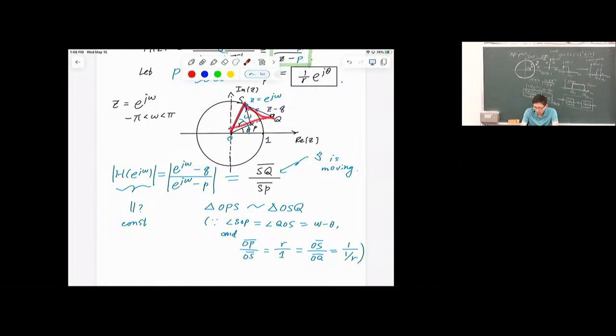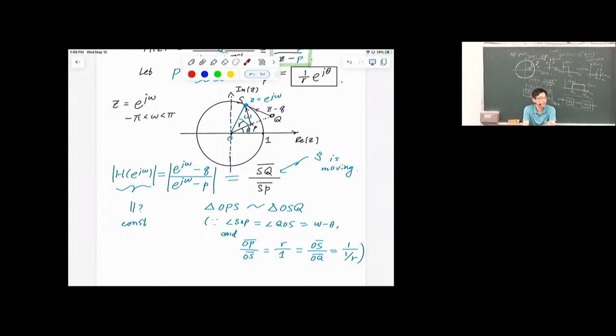Why? Because we intentionally put P at a distance R, while Q is at a distance 1 over R from the origin. We put OP and OQ at reciprocal locations on purpose.